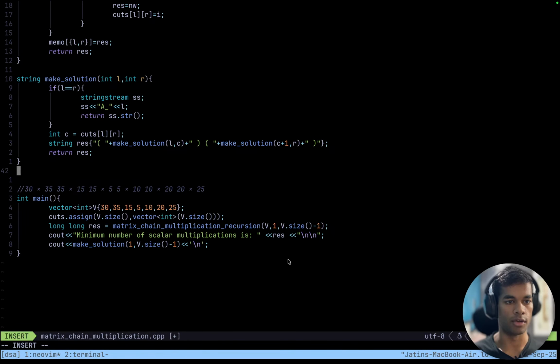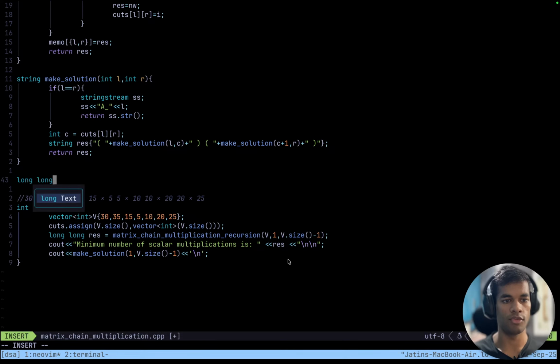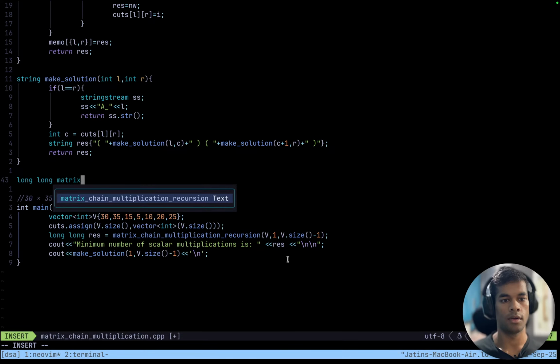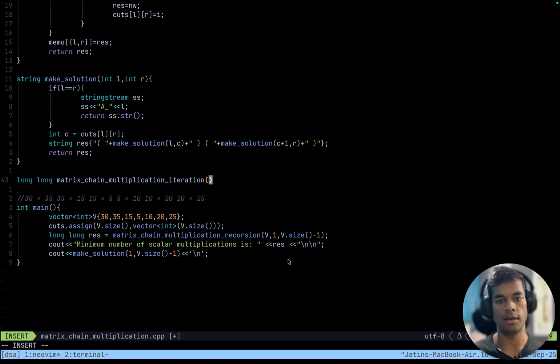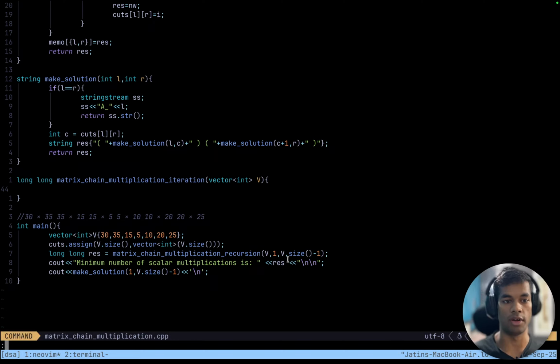Let's write another one which returns a long matrix chain multiplication iteration. It takes in a vector of integers v, and that is all it takes.